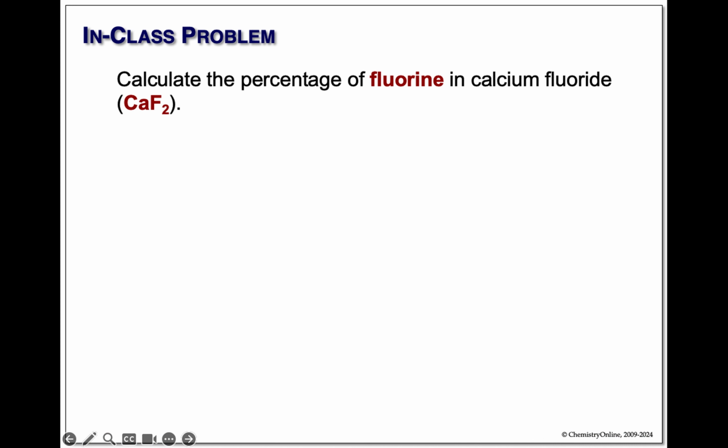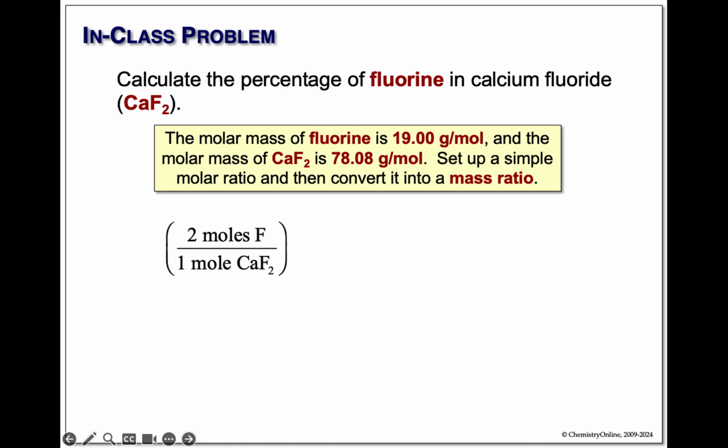So our mole ratio here, we have fluorine at 19 grams per mole. Calcium fluoride, I believe, is 78 grams per mole. We're going to convert this and call it a mass ratio. We will use mass ratios again later in the semester.